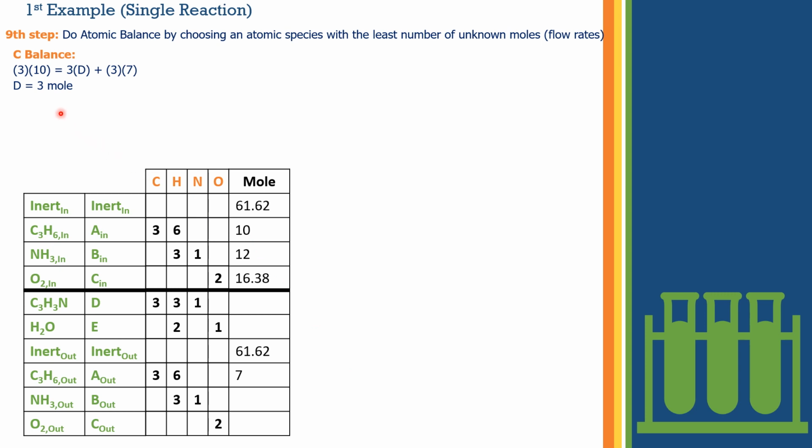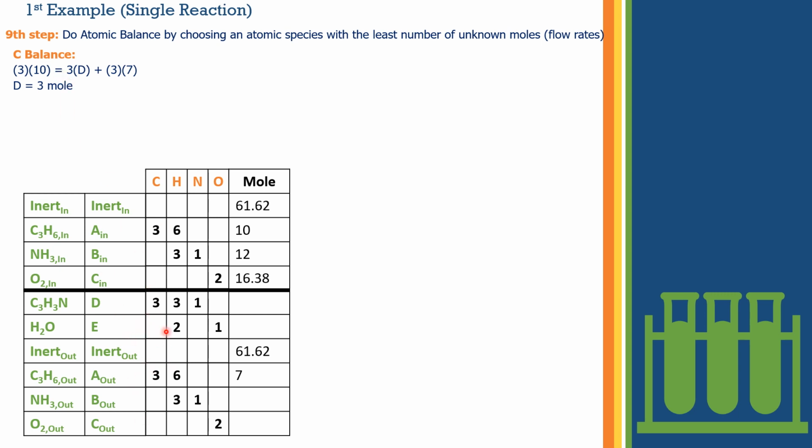If we use the carbon balance, basically 3 multiplied by its moles, 10. Then we go through the solid line, so we'll put equal, because this is input and here is the output.